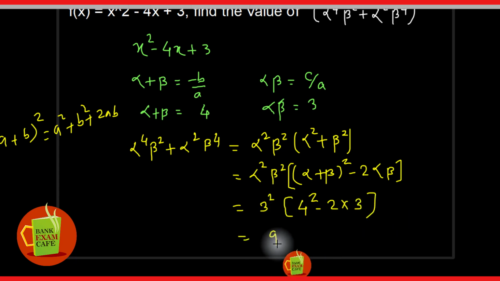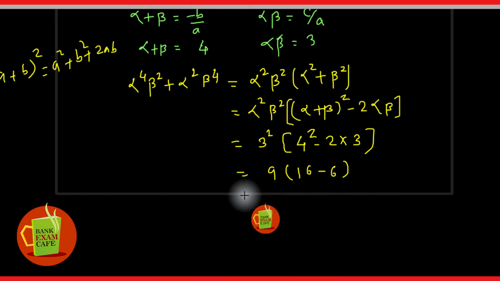Now 3² is 9, multiplied by (4² is 16, minus 3 twos are 6), which is 9 into (16 - 6), that is 10, and 10 nines are 90, and therefore the required value is 90.